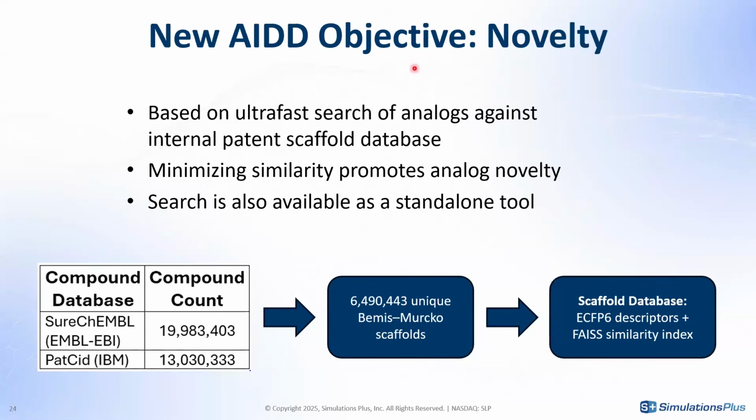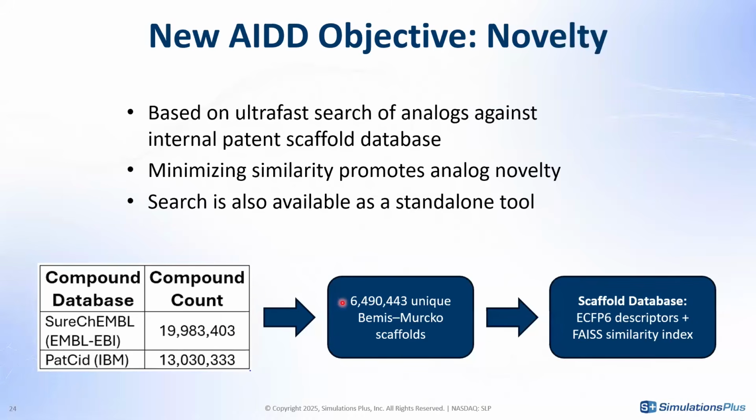The first one is a new objective that tries to capture novelty. This is based on an ultra-fast search of the analogs against an internal patent scaffold database. So we've constructed that database using two existing compound databases, one being SureChEMBL, the other PatCID, with many millions of compounds.